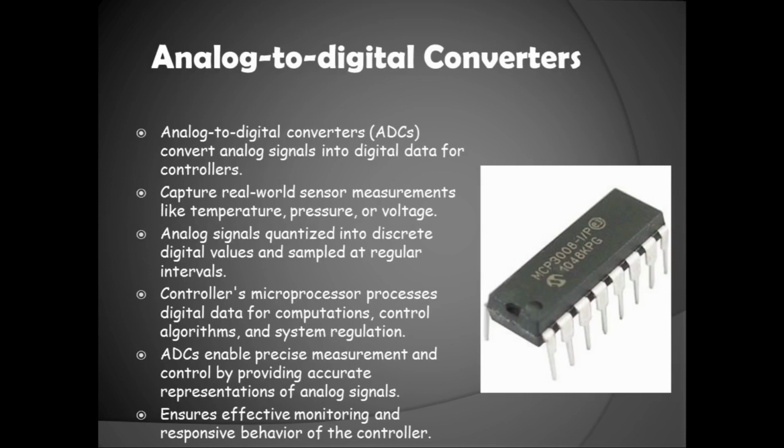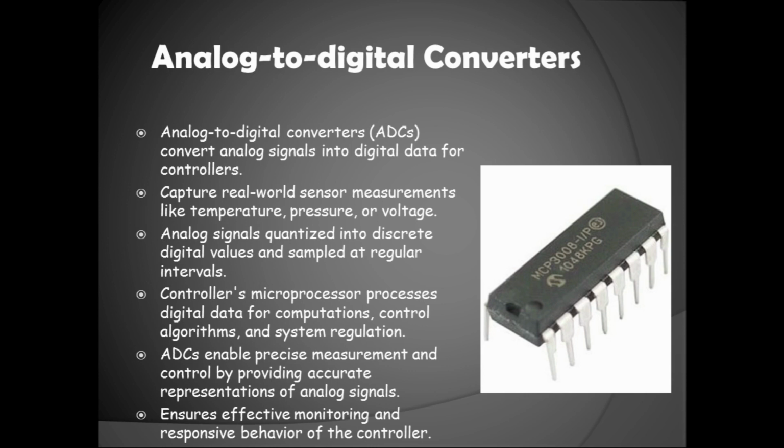Analog to digital converters. By converting analog signals to digital data that the controller can process and manipulate, analog to digital converters or ADCs are essential components of controllers. Real world measurements from sensors such as temperature, pressure, or voltage are captured and converted into discrete digital values using an ADC.